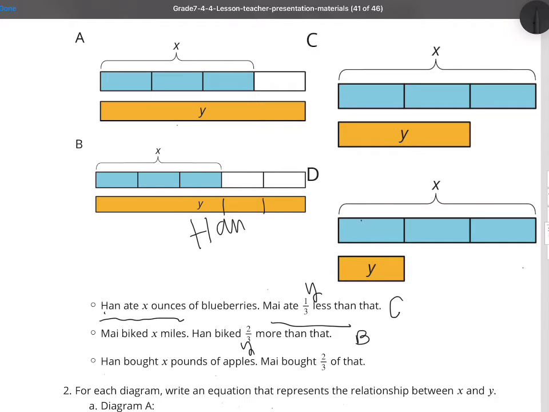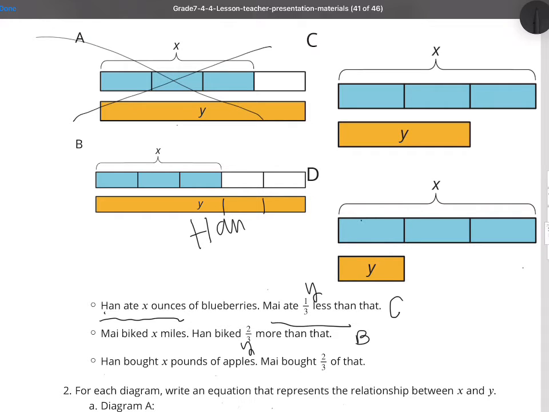So then it said Han bought X pounds of apples. May bought 2/3 of that, which means Han is back to being X. Now, mind you, we're still dealing with thirds, so we're not using A, because that is broken up into fourths. So May bought 2/3 of the X value.